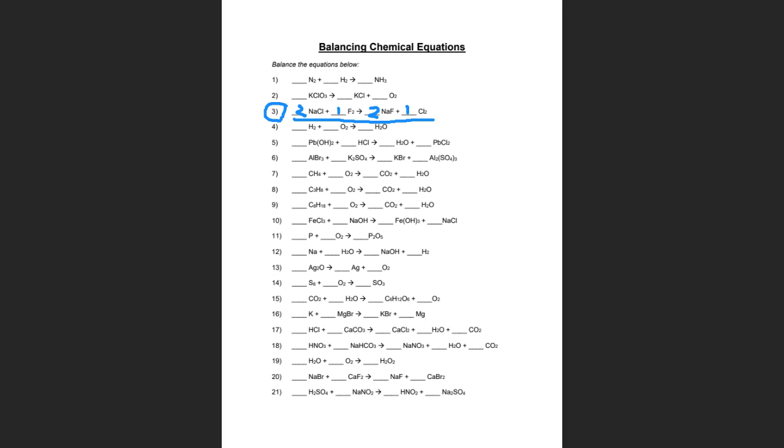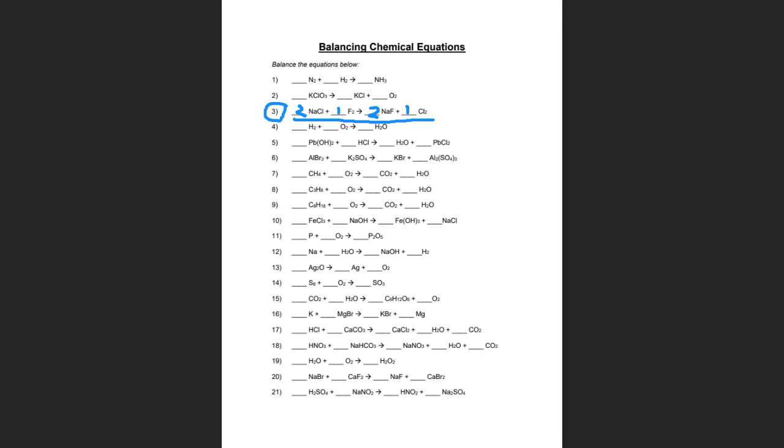Now when he put 2, that means he also has 2 sodium atoms. So he has to make the same number of sodium on the left and right side. That's why he put 2 in front of NaF. Now what magic happened? Automatically, we had 2 fluorine atoms on the left side, and when we multiply by the coefficient 2 in front of NaF, we also automatically have 2 fluorine.